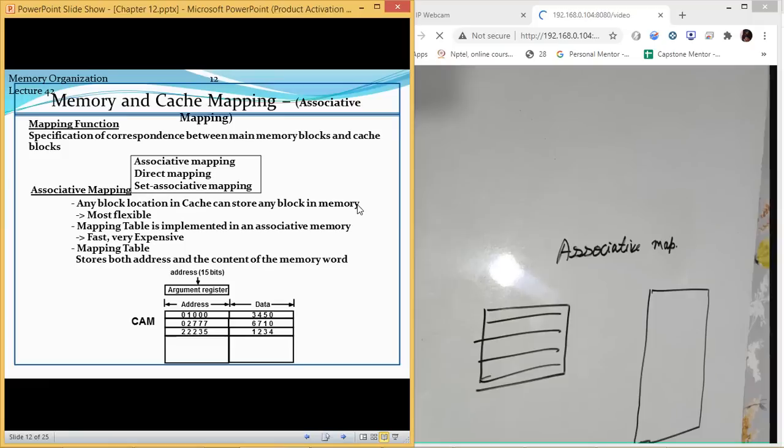Now, in this case, it is going to store both the address as well as the data. We discussed this when we talked about CAM, content addressable memory, where we said it is not going to store the data in the form of addresses. But this is not a content addressable thing. It is just a simple mapping scheme.